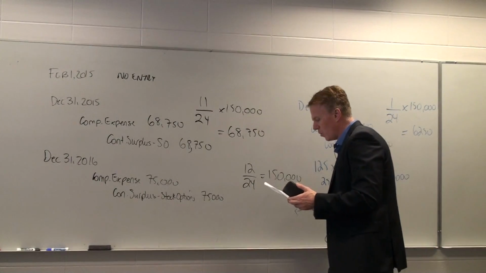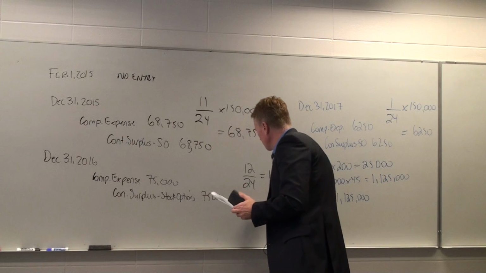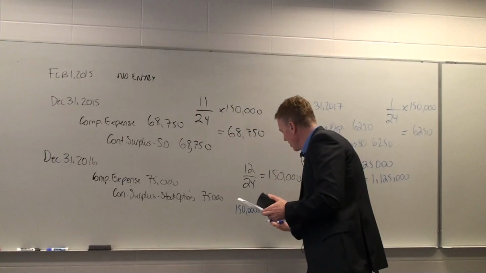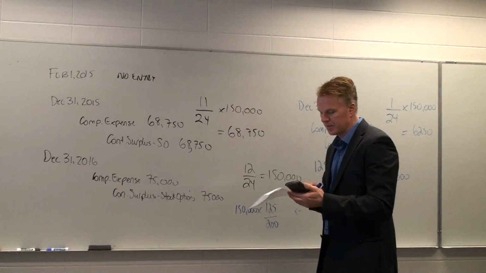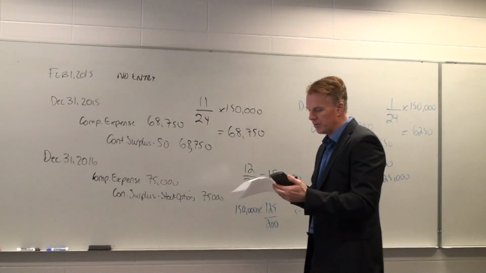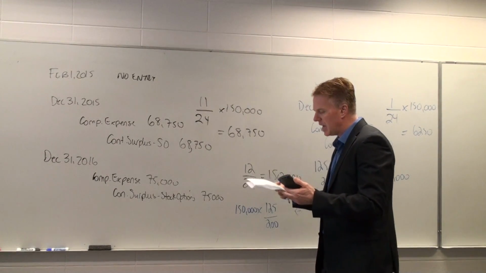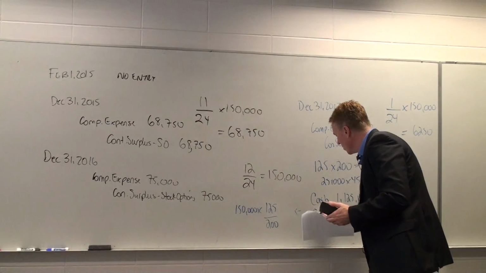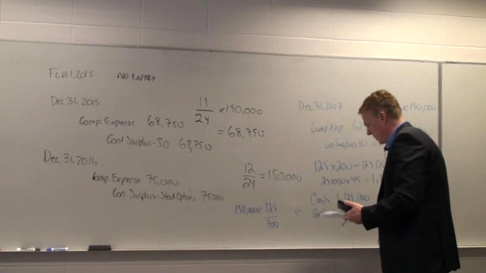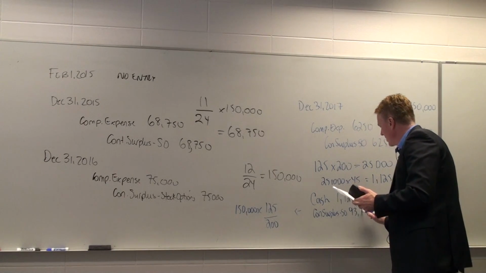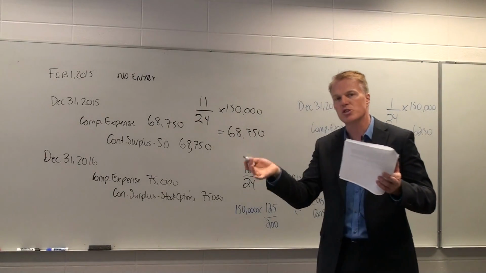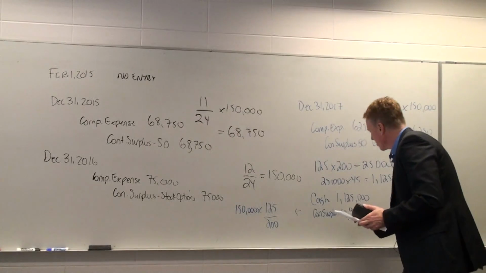Well, we've got $150,000 times 125 out of the 200 options being exercised. So 150,000 times 125 divided by 200 tells us that we've got to attribute $93,750 out of our contributed surplus, and we have to attribute that to our common shares.